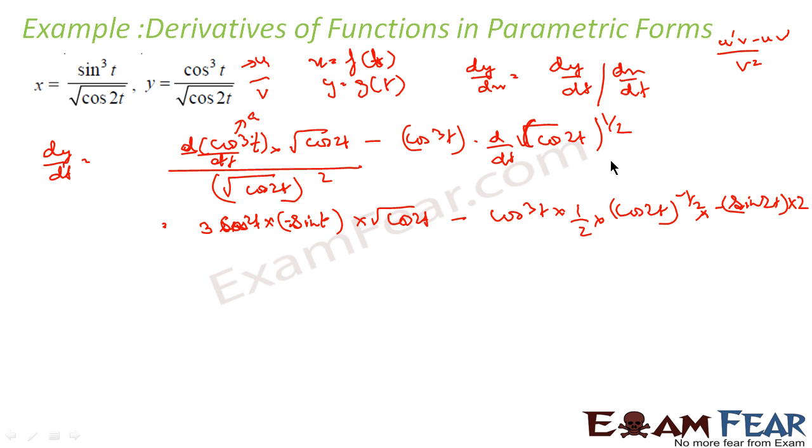How am I doing this? This is very simple. Assume this whole thing as a. So a to the power 1 by 2 becomes 1 by 2 into a to the power minus 1 by 2. Again, this is a, so you have to differentiate this also. This becomes d by dt of cos 2t, which is minus sine 2t, into 2. That's what you get.